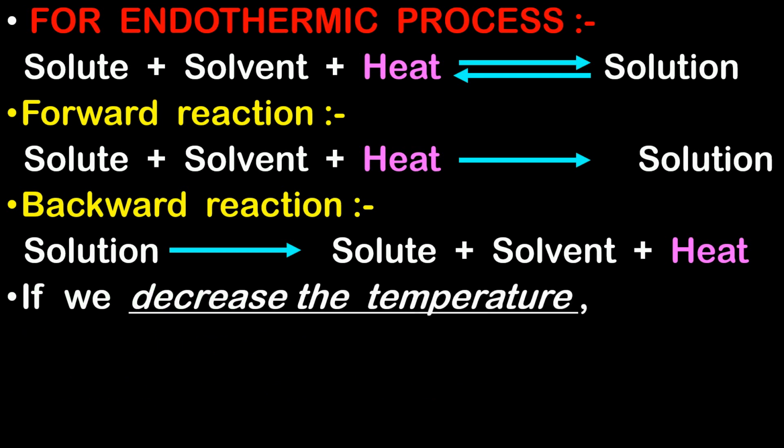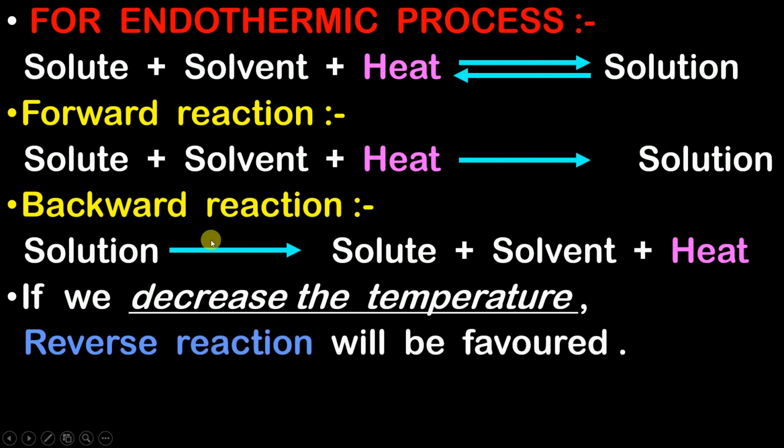But in another case, suppose we decrease the temperature. Now if we decrease the temperature, then the other reaction, the backward reaction, will be favored. I wrote reverse reaction over here, but backward reaction is the correct word. It's my bad.